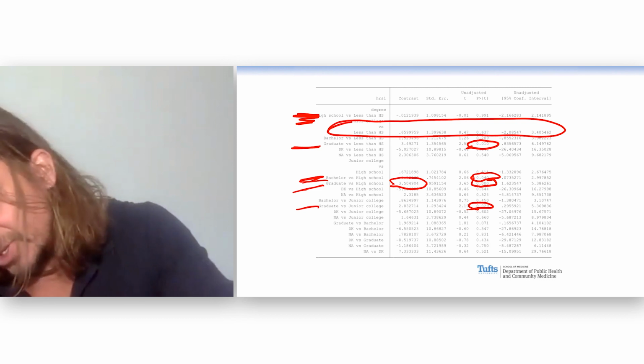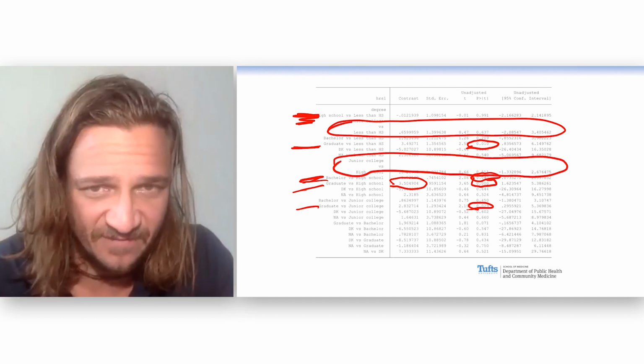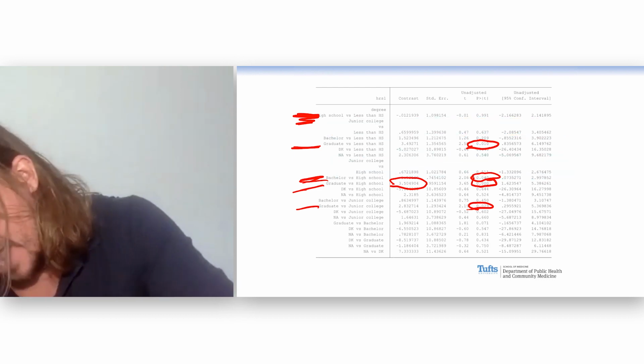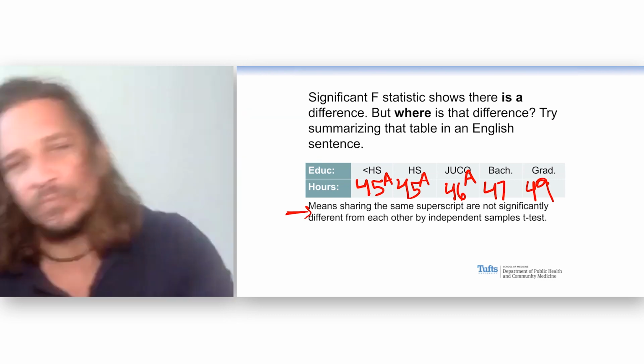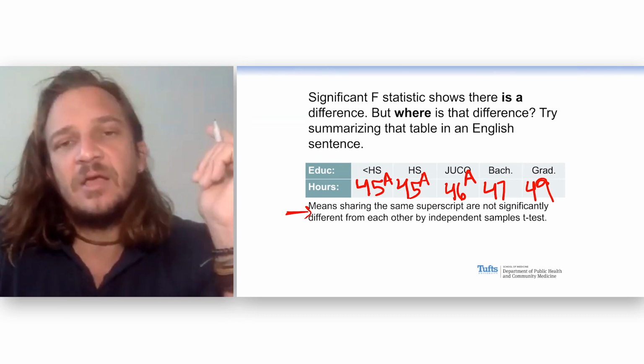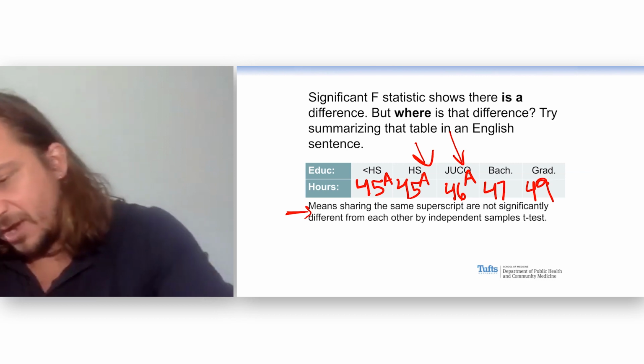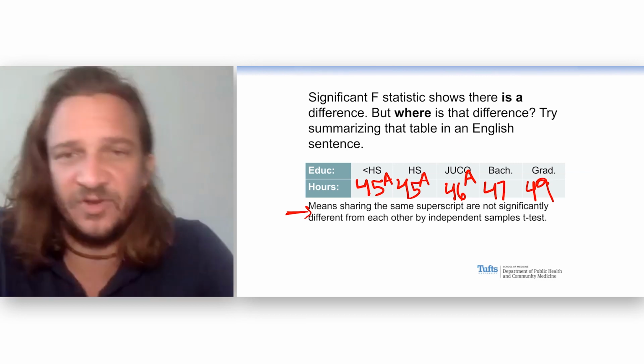And junior college versus high school is also not statistically significant. So that can get the same letter, A. If we put an A here. And so when you look at this table, you can see that 45 here and that 46 here are not significantly different from each other.